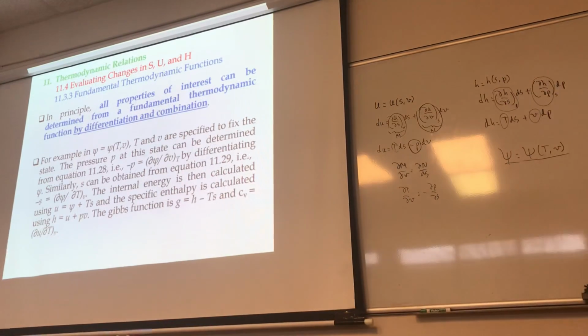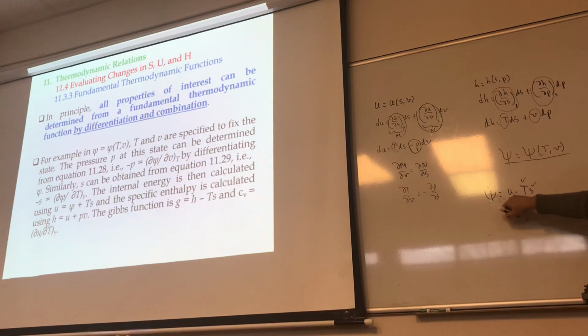Then you go, okay, what can I do now? Well, I can find U, internal energy. Because remember, psi was defined as U minus Ts, right? I know psi now, I know the temperature, I have just calculated the entropy.